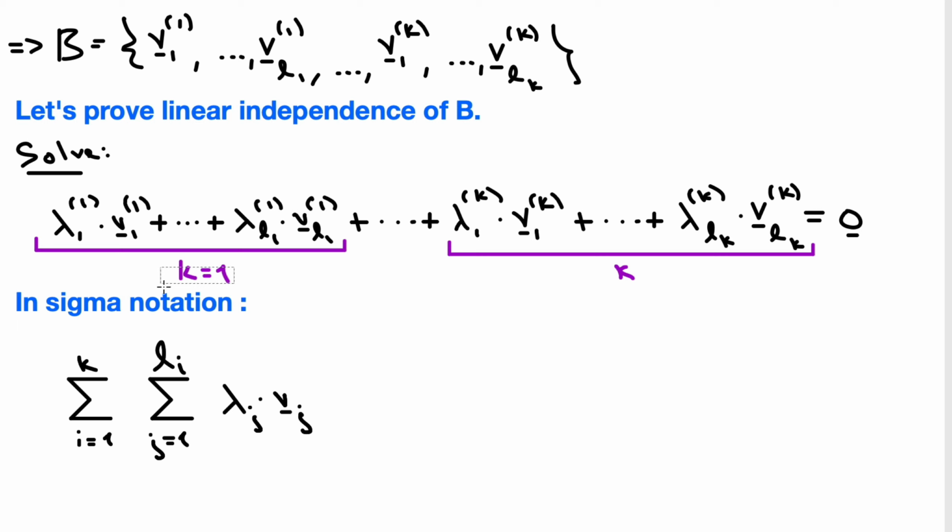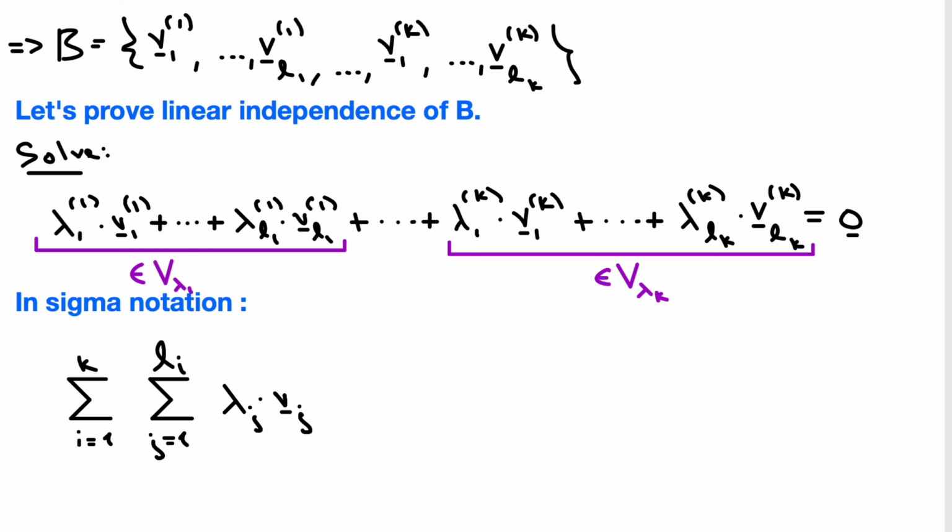But what really is important here, and this is the key point, this belongs to the eigenspace of lambda 1. And this over here belongs to the eigenspace of lambda k. How come? Because these are vectors in B1, which is here. And this is just a linear combination.